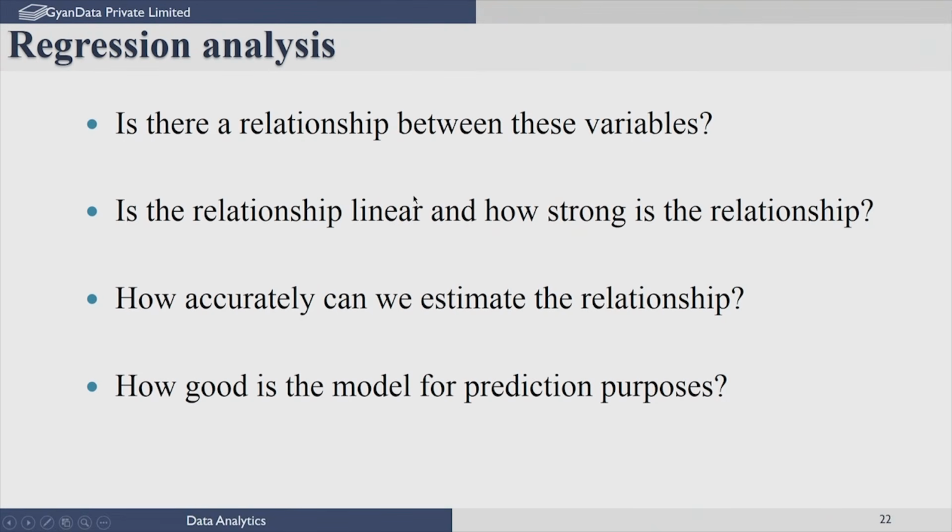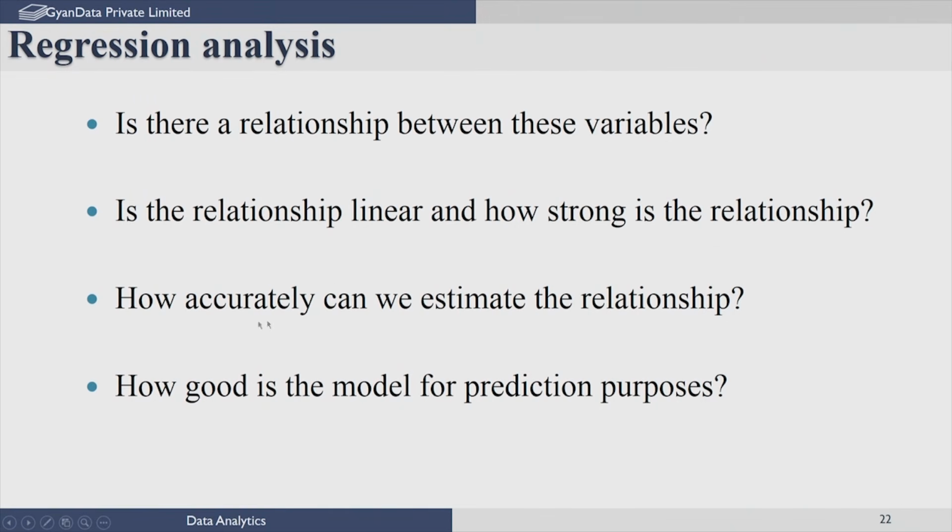So, the first thing, the questions that we want to ask before we start the exercise, is: do we really think there is a relationship between these variables? And if we believe there is a relationship, then we want to find out whether such a relationship is linear or not. Of course, in linear regression we are going ahead with the assumption that a linear relationship exists, but you really want to know whether such a linear relationship exists, and how strongly the independent variable affects the response of the dependent variable.